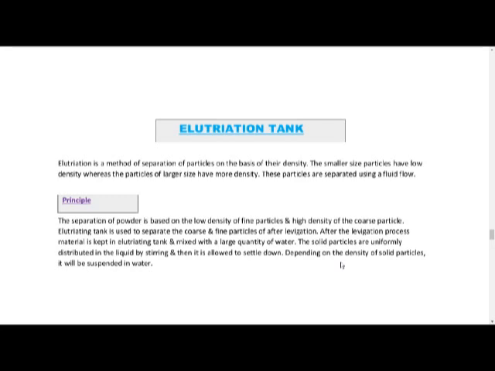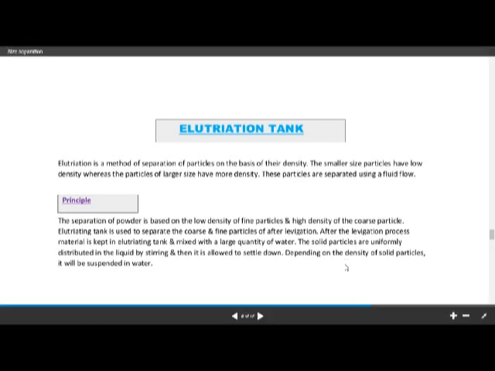Depending on the density of the particle, the particles are going to settle. Coarse particles are going to settle down at the bottom, while the fines will float on the surface. This is the basic principle of this elutriation tank.